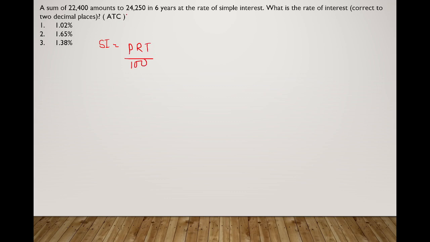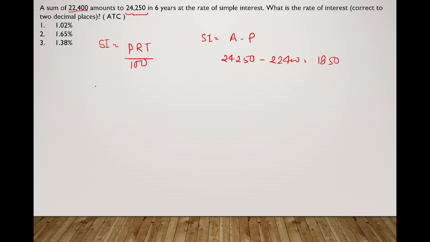So this is the amount and this is the principal. So simple interest equals amount minus principal. So the amount is 24250 and the principal is 22400. It becomes 1850.